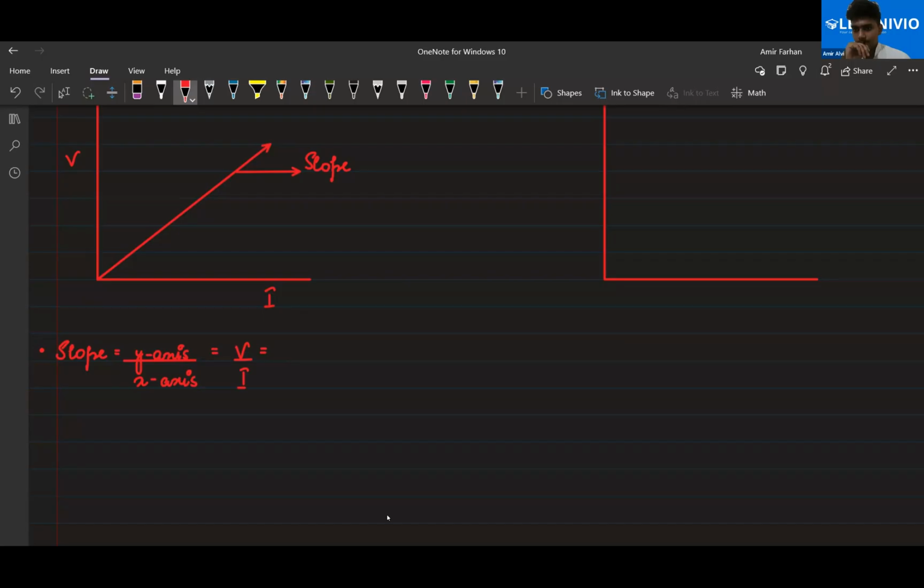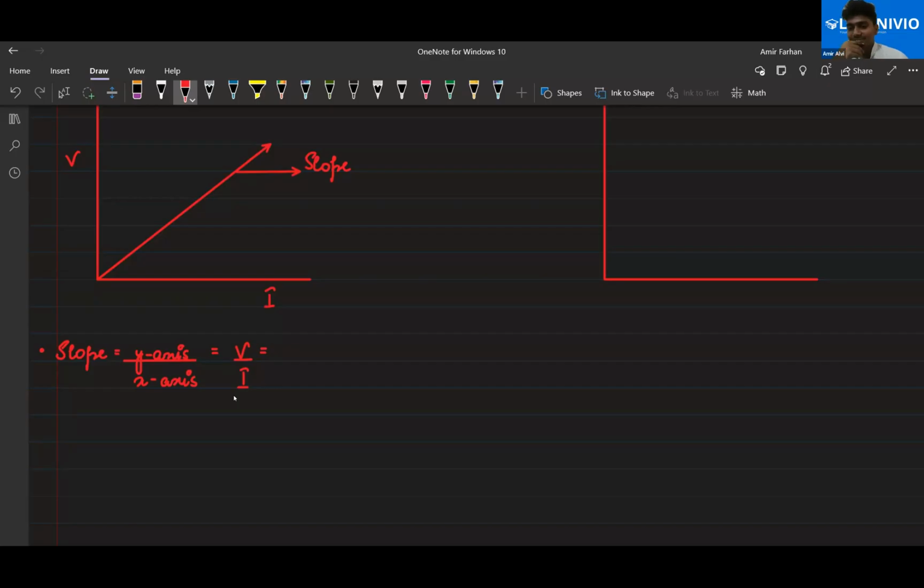Is it volt by ampere? Volt by amp. No, I'm asking about the quantity, Alvina, that you get by dividing the potential difference by the current. Joule by coulomb. Even though you are saying wrong units, the potential difference unit is volt and current is ampere. How do you say joule by coulomb? Correct your units, Alvina.